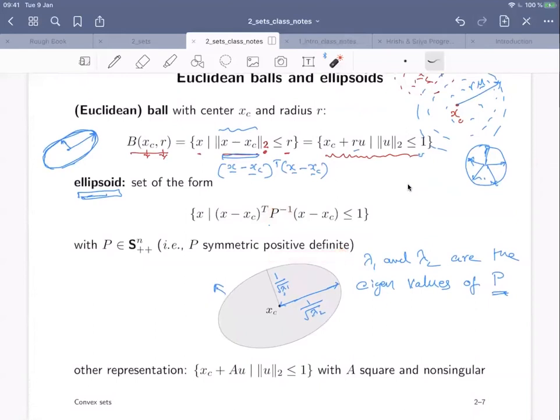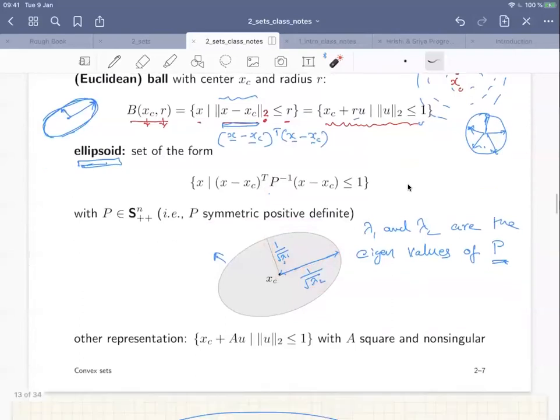Why? Because the length of the axis is 1 by root lambda 1, so lambda cannot be negative or 0. In that case, we cannot define the length of the axis. So if you want to define an ellipsoid, then P has to be symmetric and positive definite.